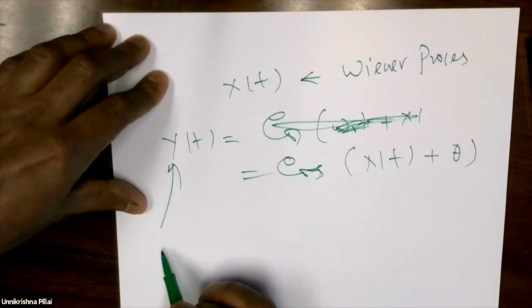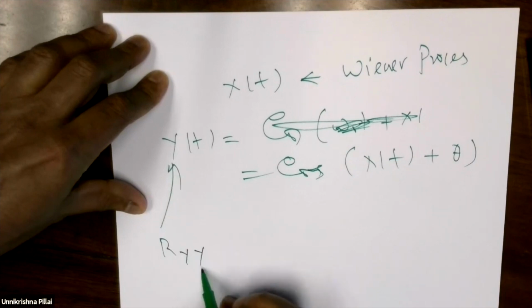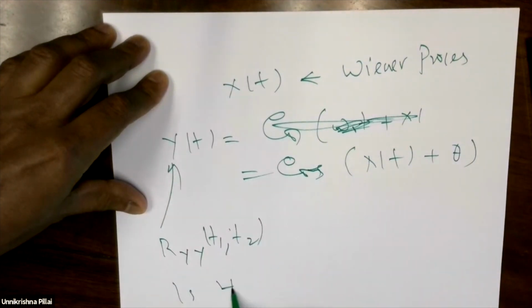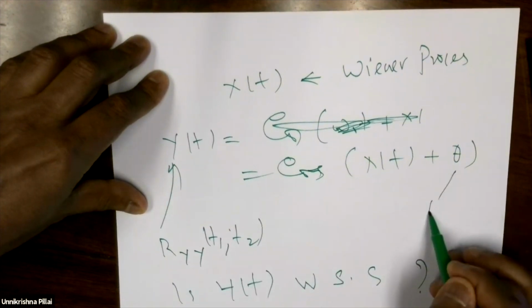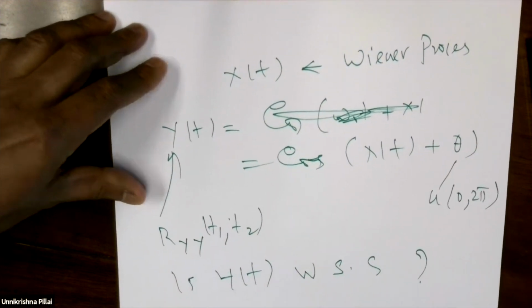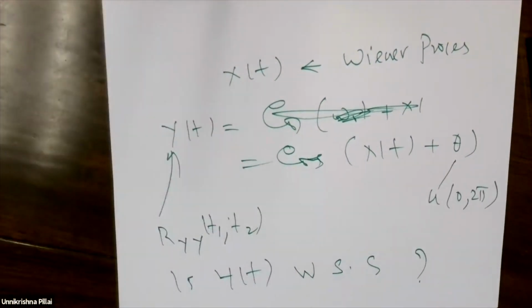The question is, find the autocorrelation. What is R_YY at T1, T2? Please take down this answer. This will give you an idea where you stand. And please don't try to solve these problems by yourself.